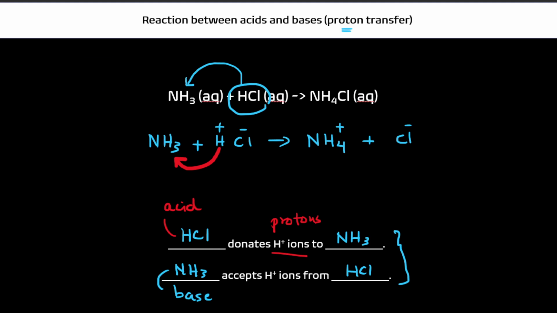It is because the compound or reagent that you think is acid donates H plus ions, and the base accepts the H plus ions. So this is the reason. If they ask you to explain why HCl is an acid or why NH3 is a base, you should be able to write these down. These will usually give you 2 marks or more.